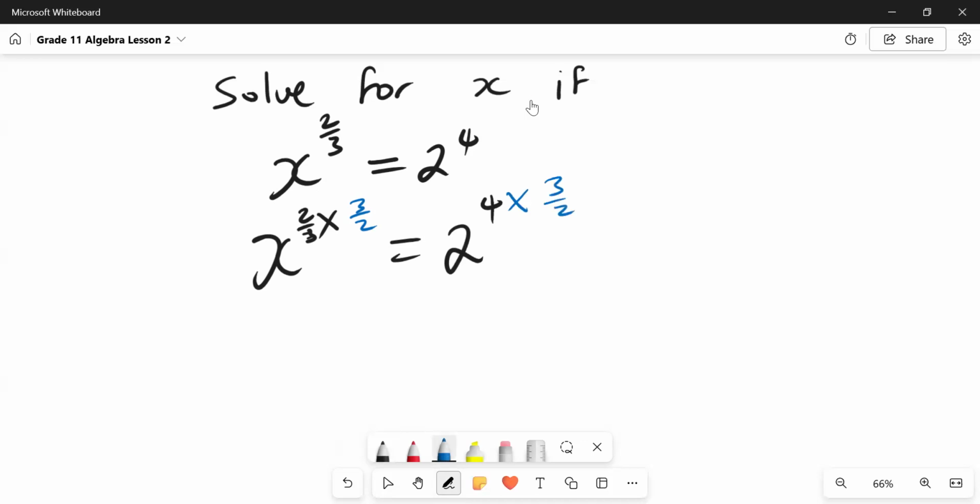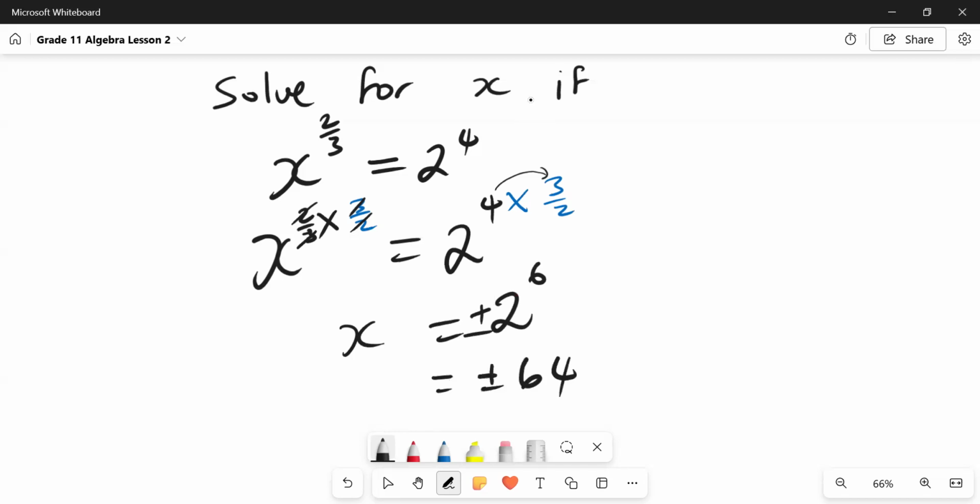That's 3 over 2, and then cancel out everything. Now you're left with 4 times 3, that's 12. 12 divided by 2 is 6, so it's 2 to the power 6, but plus or minus, right? Which will give us plus or minus 64. And that's your final answer there.